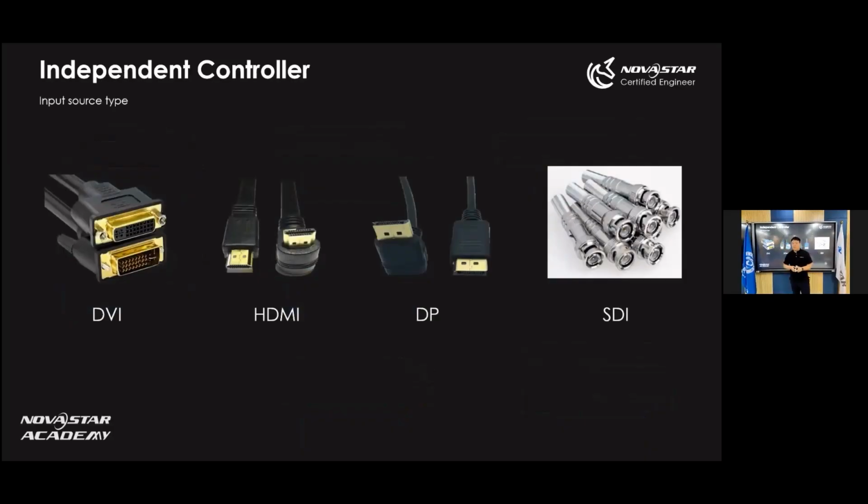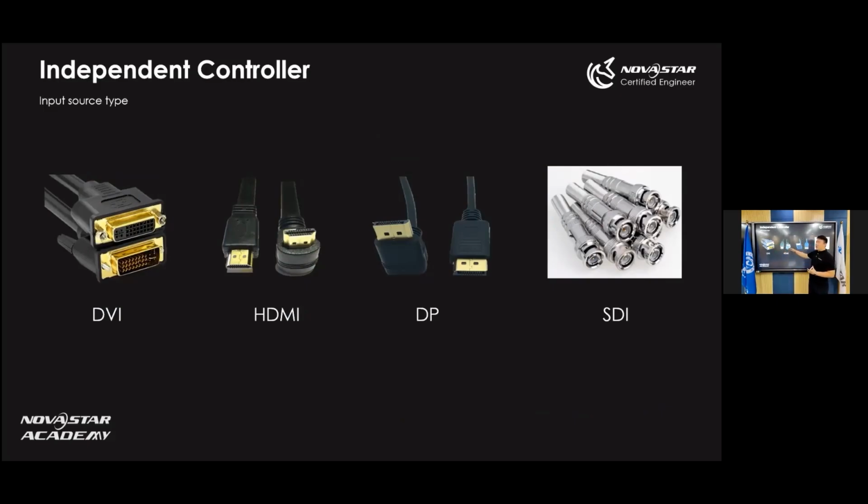The input source type. For example, in M-Control 300, we have only DVI source input, single link DVI. So if we want to load the screen, I need to provide a DVI input, or I need to switch the HDMI to DVI, then I can connect to the M-Control 300. This is the original input source.